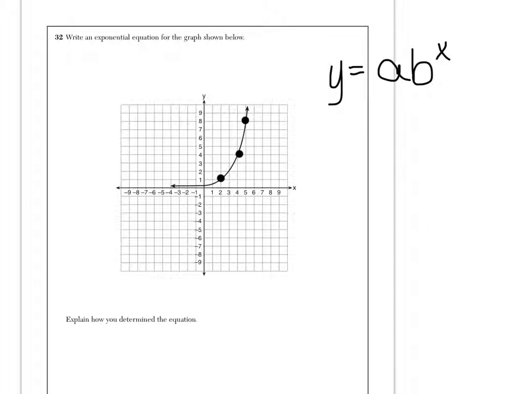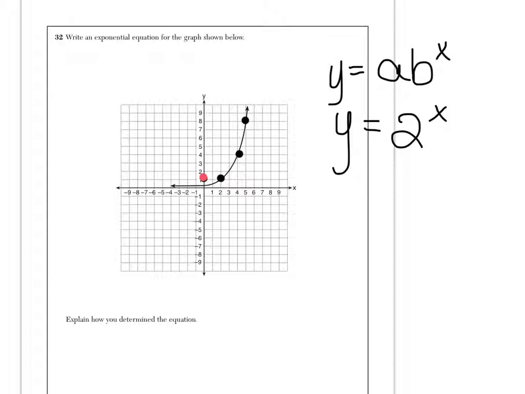So if you remember, the parent function passes through the point 0, 1 as the y-intercept. So let's actually write this in pink. Oh, that was supposed to be pink. There we go. So 0, 1, and remember our parent function is y equals 2 to the x power.